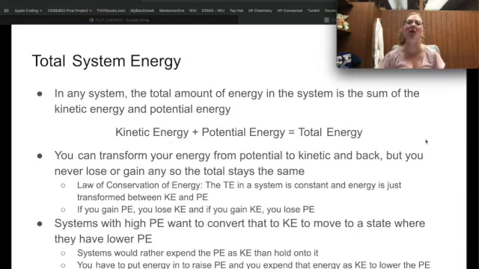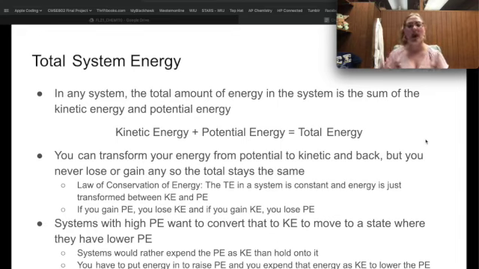So we've talked a bit about potential energy and kinetic energy, but we might also want to talk about the total energy of the system. In any system, the total amount of energy in the system is the sum of the potential and kinetic energy. So if I'm looking at a closed system, you're only going to be able to ever transfer your kinetic energy and your potential energy back and forth.